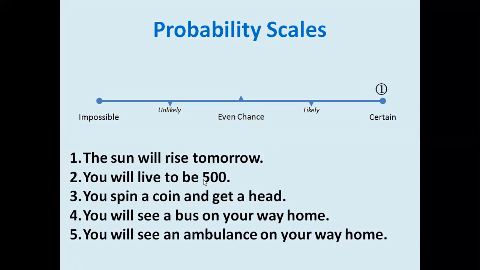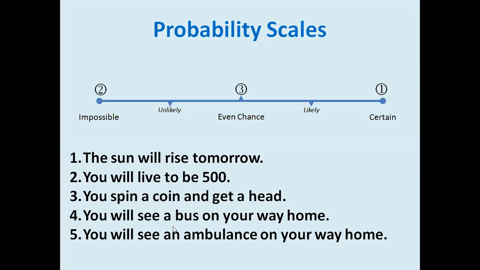You will stay alive until you are 500 years old. That's impossible. Not even unlikely, it's impossible. You spin a coin and get a head. That's even, because we just have two outcomes, 1 out of 2 outcomes, so this is half.